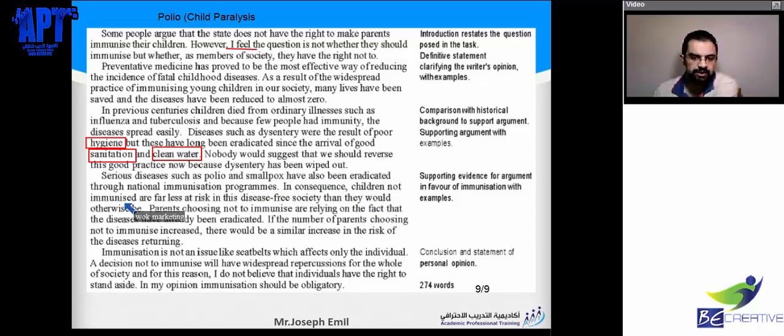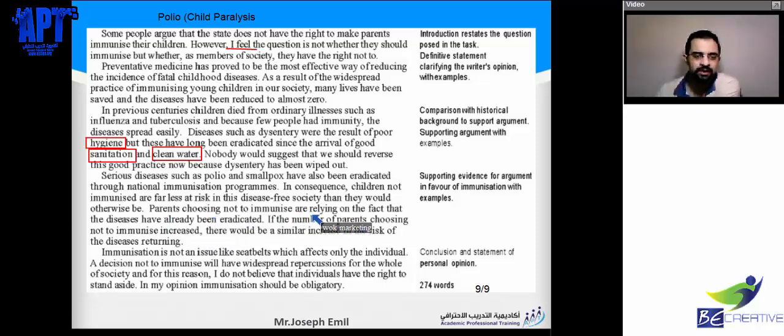In consequence, children not immunized are far less at risk in this disease-free society than they would otherwise be. So actually immunizing some children make the people that are not immunized more secure or safer. And this means that if you stop immunizing your children, you can infect other non-immunized children. So we should actually immunize everyone so that if someone is not immunized, they are still safe. This is a very powerful point.